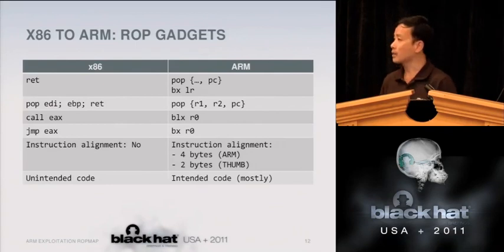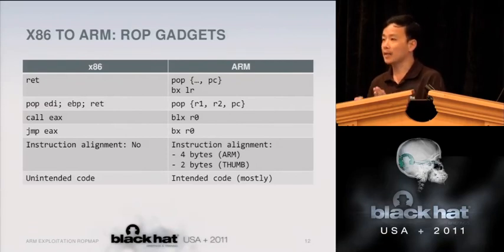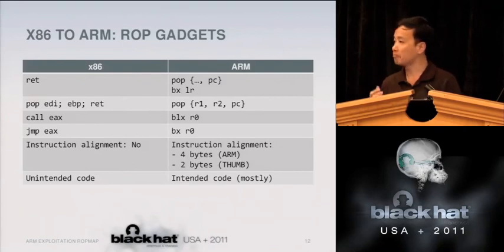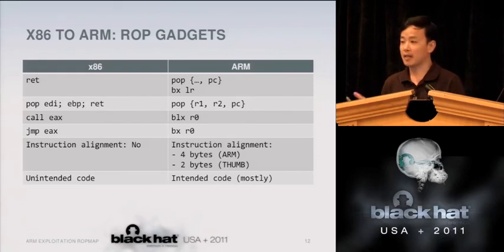In ARM architecture, it's a bit different. Instructions are aligned every 4 bytes or every 2 bytes, depending on ARM mode or Thumb mode. So most of the gadgets on ARM you can find from intended code. So that's why objdump or otool will work for you.